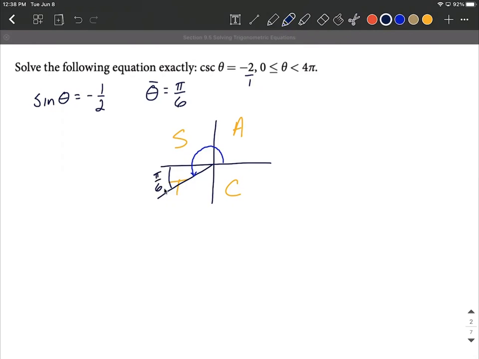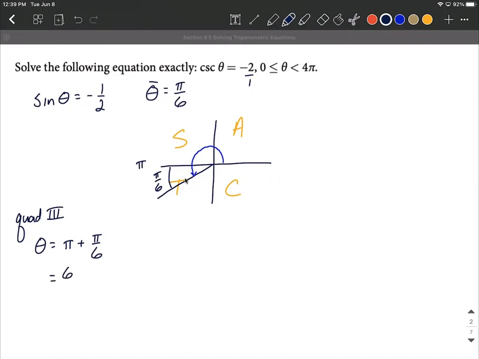So the calculation that we want to do to find that quadrant 3 angle is, well, it's pi to go this far around, halfway around the circle, and then it's beyond that pi/6. So this calculation I would do is pi plus pi/6.